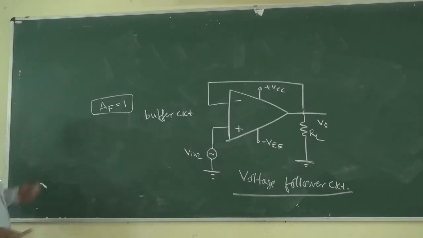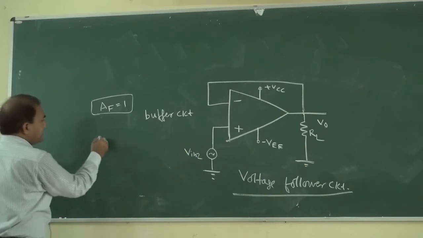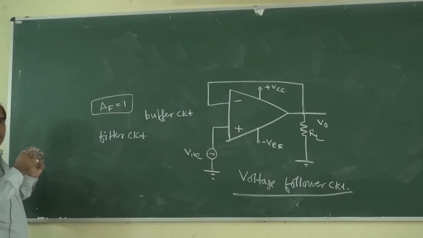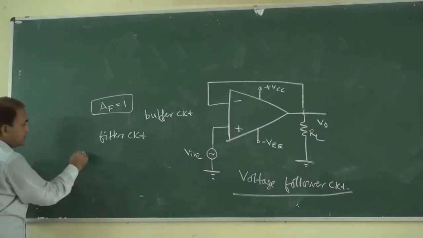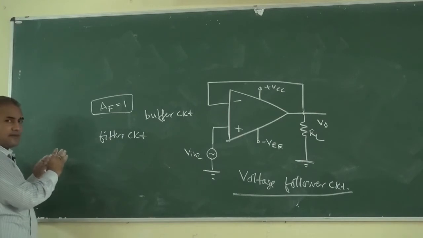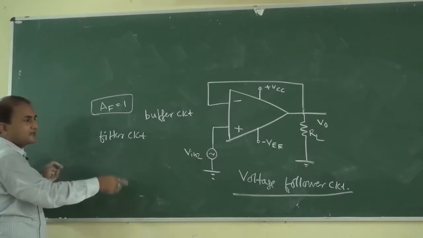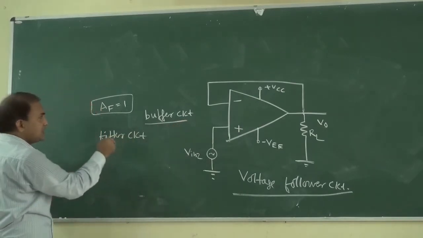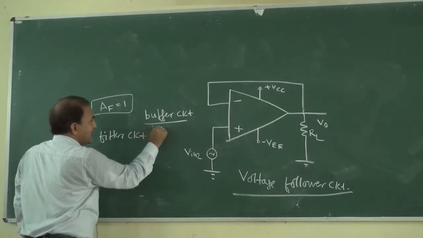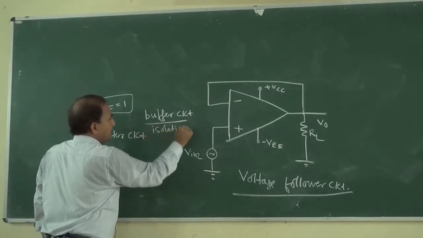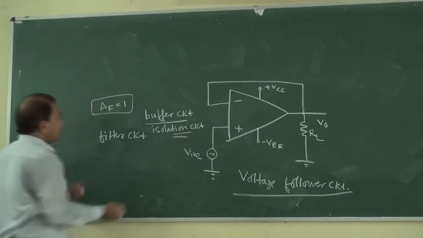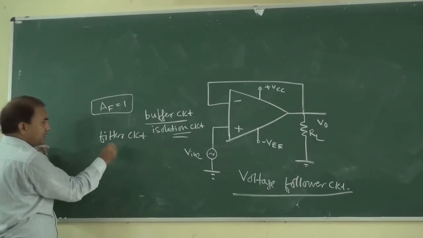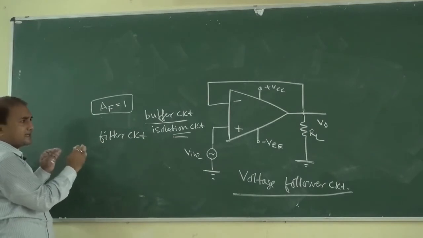Where can it be used? A buffer circuit can be used in filter circuits. Suppose some portion of the circuit has to be isolated from another portion of the circuit. So we can use a buffer circuit or voltage follower circuit. For that case it is also known as an isolation circuit. Here V output is always equal to V in, but it can be used as an isolator or buffer circuit.